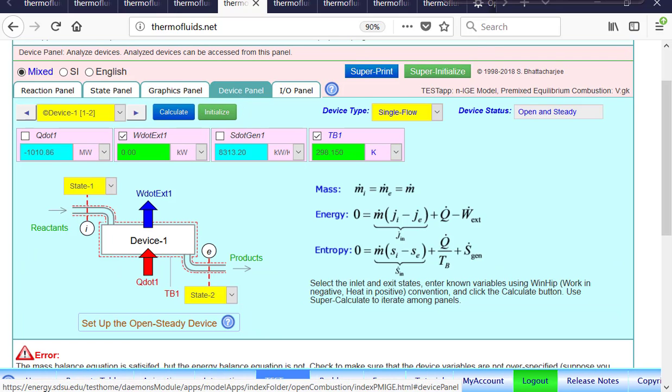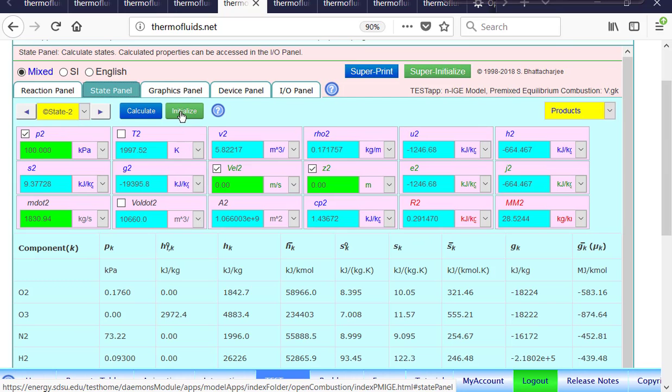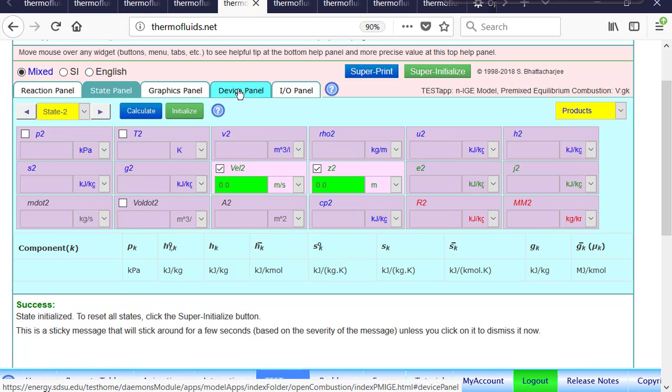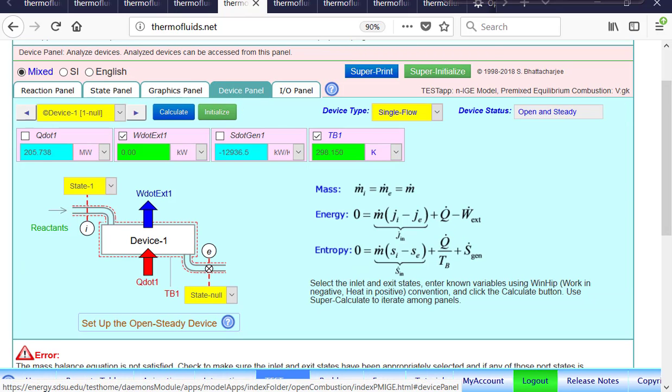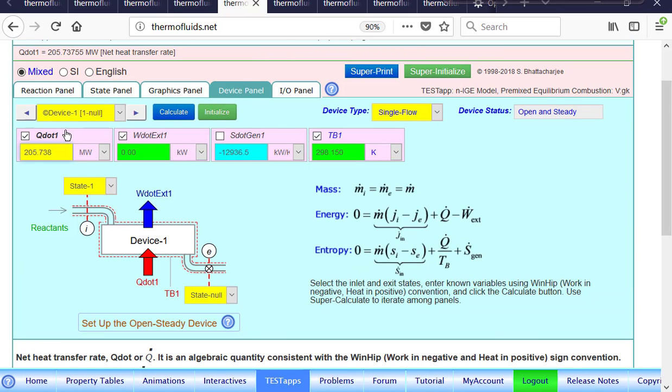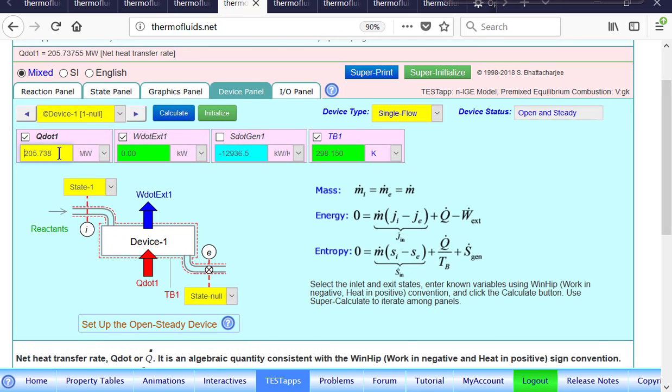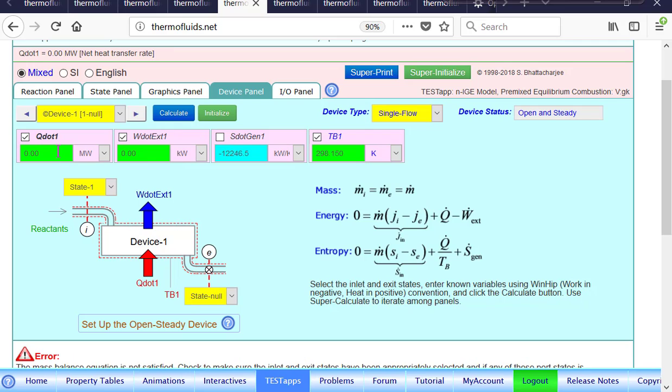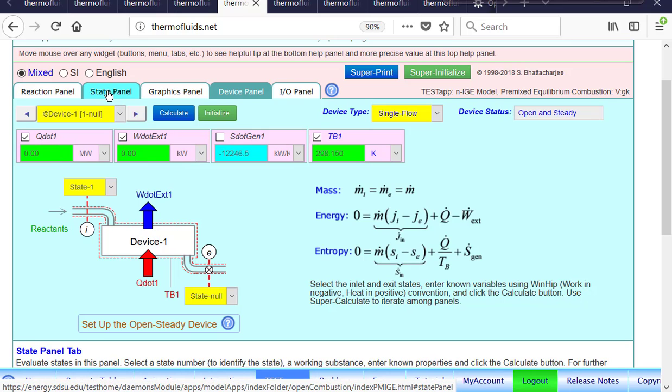So in the device panel, let's initialize state 2 here. In the device panel, let's set up heat transfer to be 0. So what it does, it is now going to substitute.